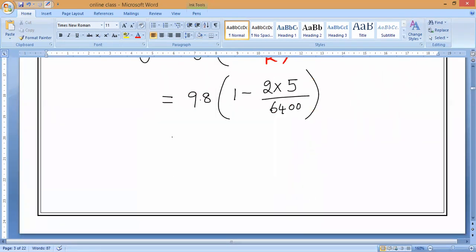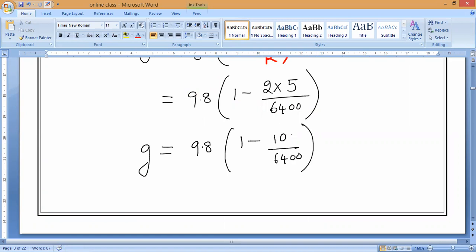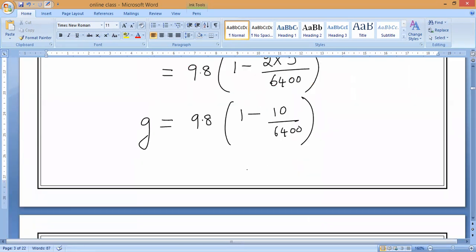So now G is equal to 9.8 into 1 minus, this will become 10 divided by 6,400. Many will say it gets cancelled, but it is wrong because we have to take the LCM. So don't cancel. Now it is 9.8 into, the LCM is 6,400, and 6,400 minus 10.